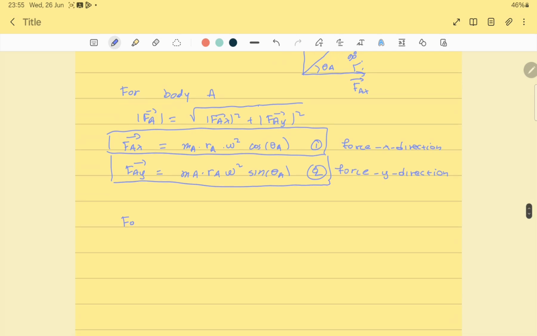Now for body B, I have FBX, FBY. These are the two vertical components of the force, and I also have FB.